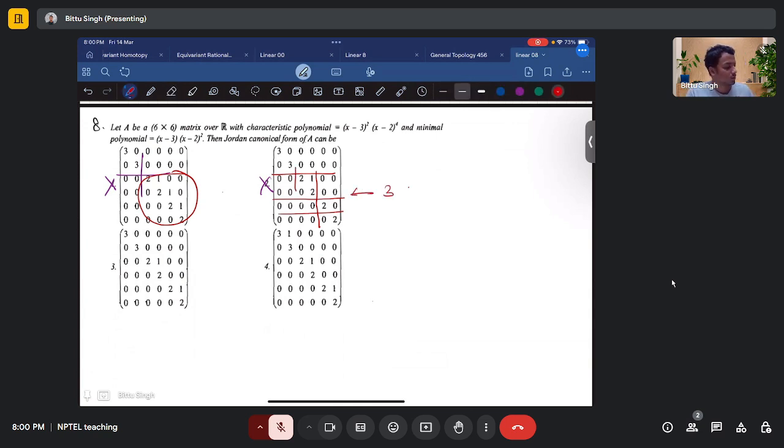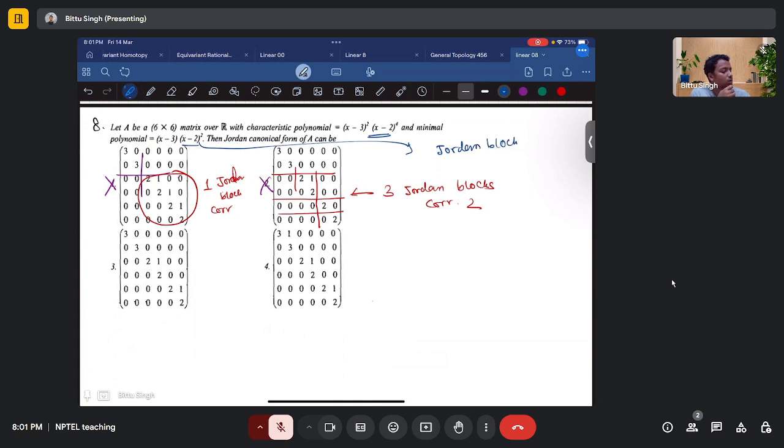Three Jordan blocks corresponding to 2. And similarly, 1 Jordan block corresponding to 2. So those are not possible, because we have already seen from the minimal polynomial that the number of Jordan blocks corresponding to 2 should be 2.